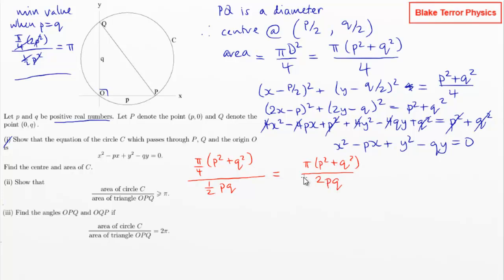And we're wanting to show on that, what we want to end up is saying that that is greater than or equal to pi. Right, so sometimes, okay, I can see which way this is going to go because I've done very similar questions to this in the past. But if you can't always see what's going on here, what we want to end up getting to is that this is greater than or equal to pi.